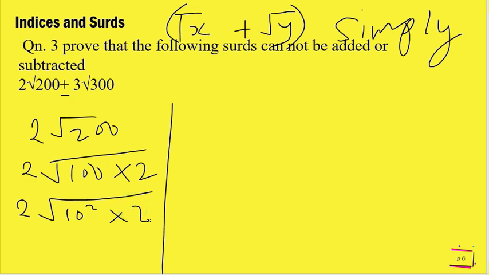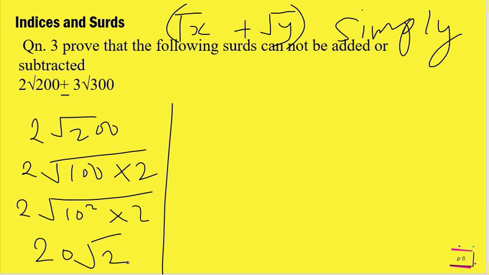So already we have a perfect square here, 100 is a perfect square. Getting the square root of it, we are getting 10. So we can now remove it from the square root sign, and 10 multiplied by 2 will be 20. So 20 root 2, that is the first term.